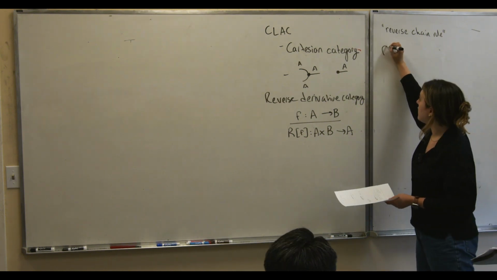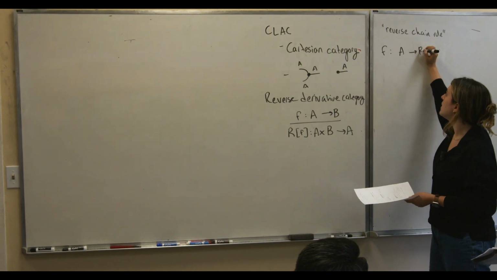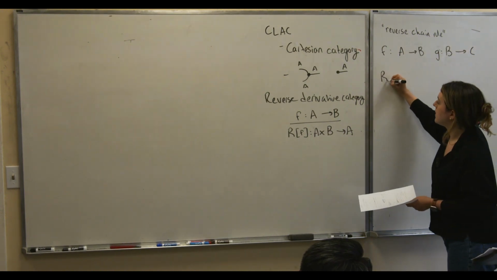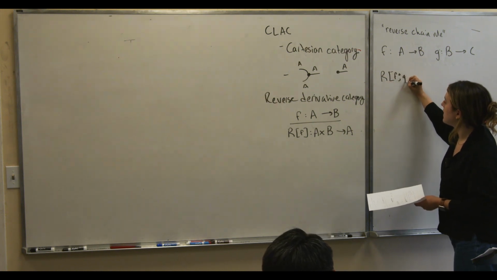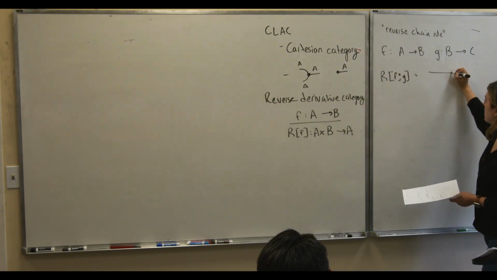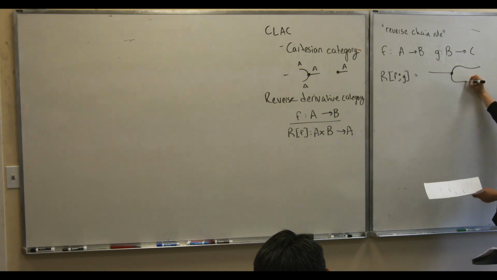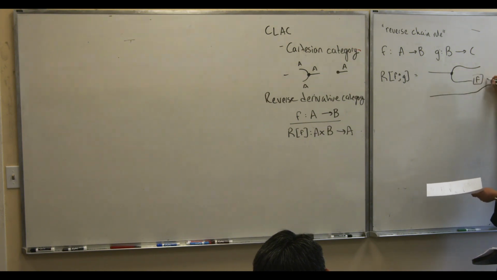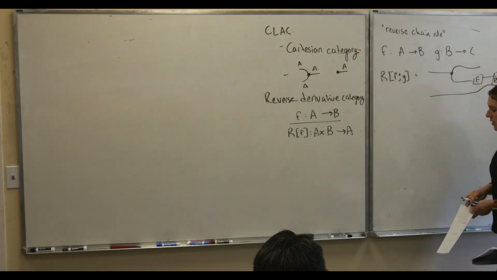So it says that if you have f from A to B, and then g from B to C, the reverse derivative of f composed with g is going to be equal to the following string diagram, or expression that we'll express with a string diagram.